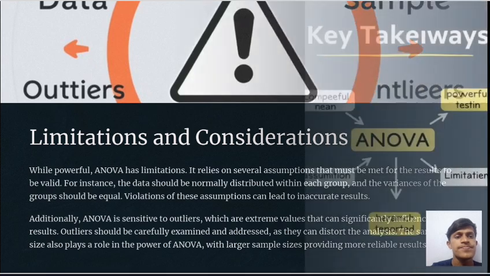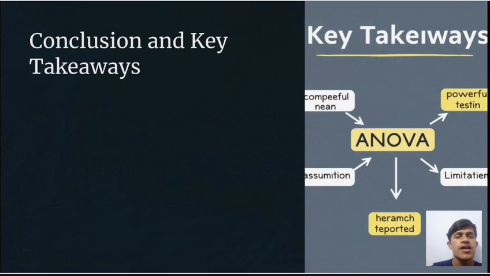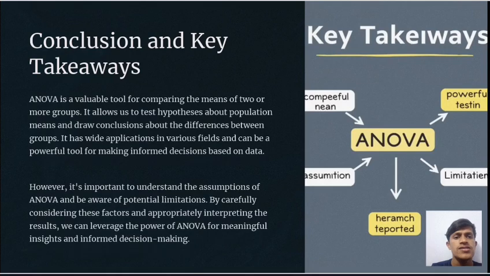Next, conclusion and key takeaways. ANOVA is a valuable tool for comparing the means of two or more groups. It allows you to test hypotheses about population means and draw conclusions about the differences between groups. It has wide application in various fields and can be a powerful tool for making informed decisions based on data.